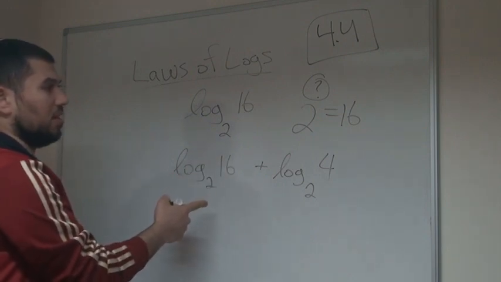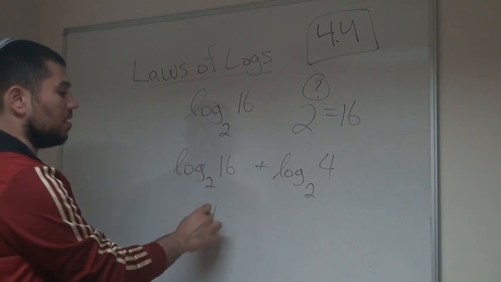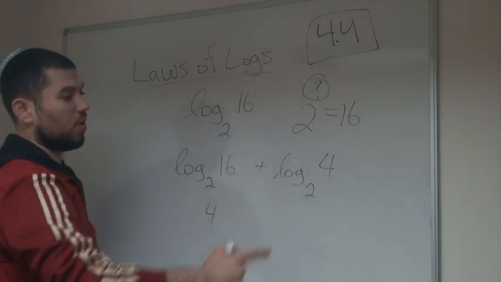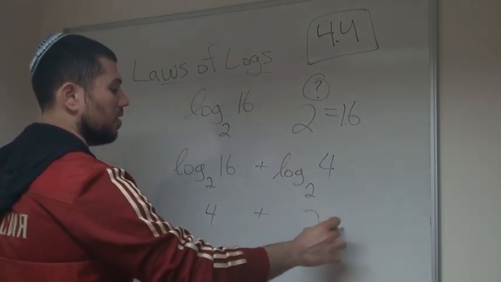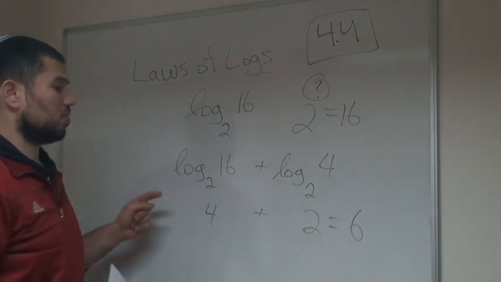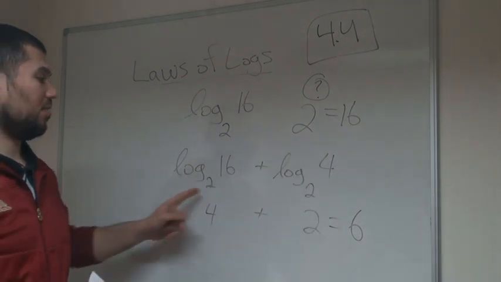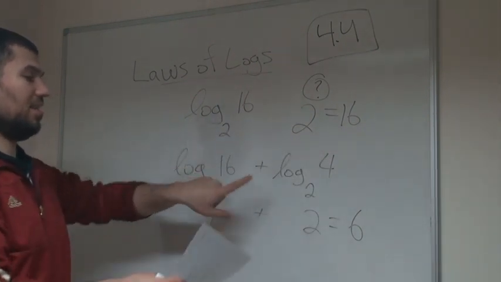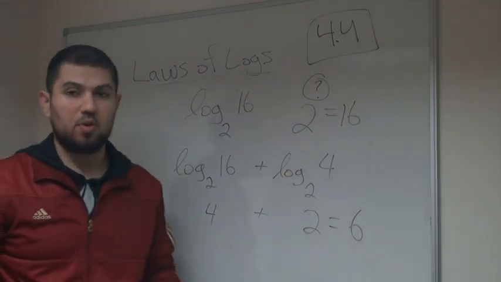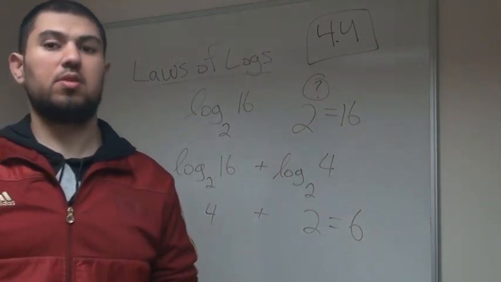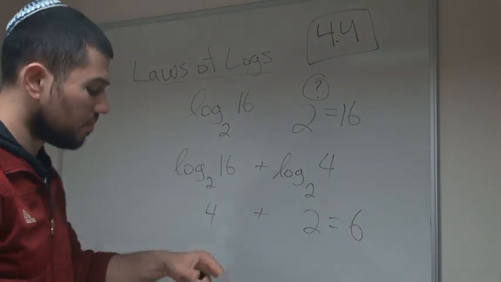So the exponent here is the 4th power. And this says 2 to what power gives me 4? The answer is 2. And 4 plus 2 is 6. So there should be a way that would allow us to combine these two terms. This obviously gets a bit more challenging when we're dealing with variables as opposed to just numbers.